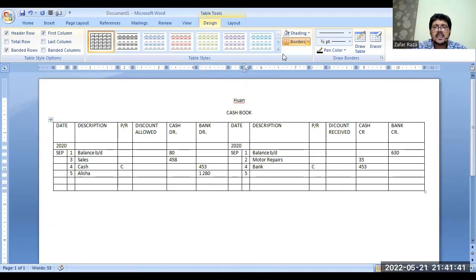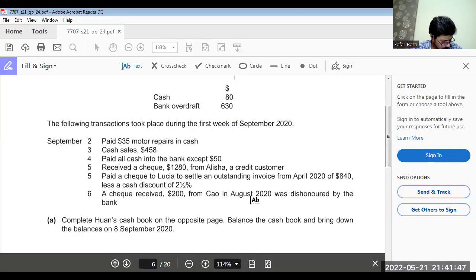Now on the same date, we have made another transaction on 5th. We have paid to our supplier 840. No, we don't need to pay 840. We have to deduct discount 2.5%. So 840 multiplied by 2.5%, that is 21, is the discount we are receiving. So 840 minus 21, we have to pay 819.